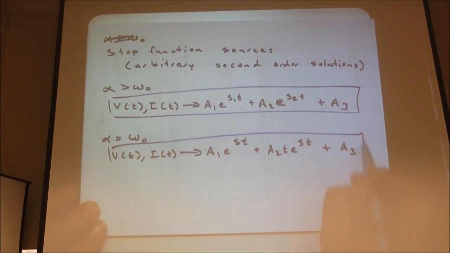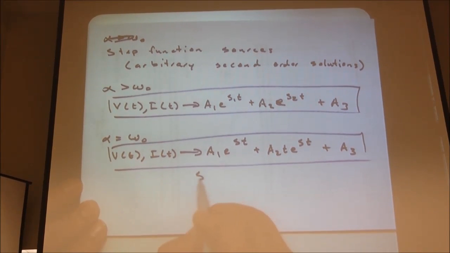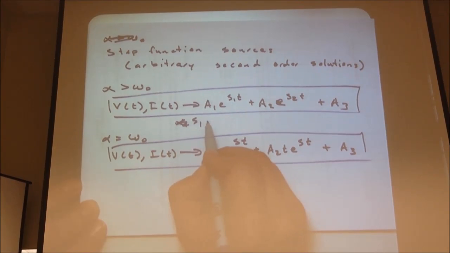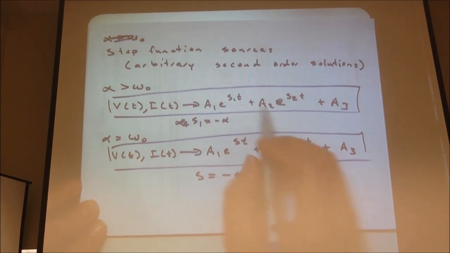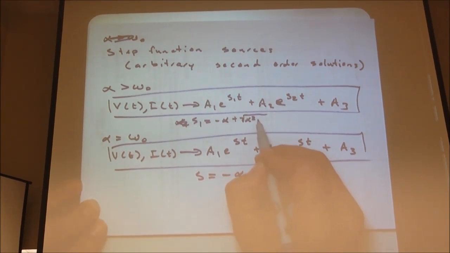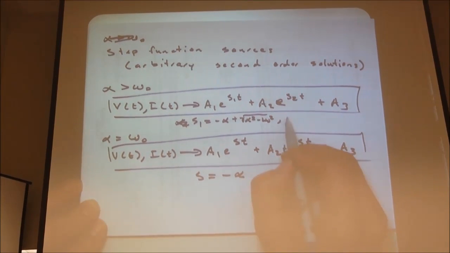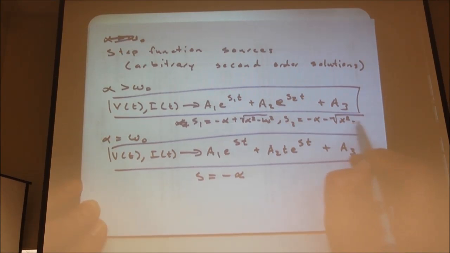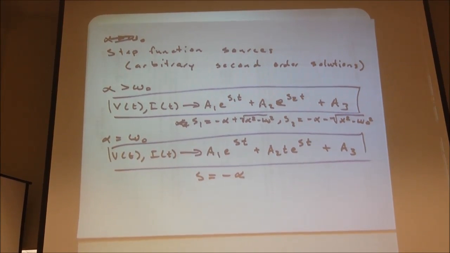And that's boxable, and we can add even what the s's are. s in this case is minus alpha. s1 is minus alpha plus the square root of alpha squared minus omega naught squared, and s2 equals minus alpha minus the square root of alpha squared minus omega naught squared. And that's boxable too. We're boxing up a lot of stuff.